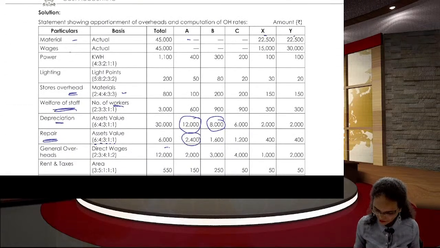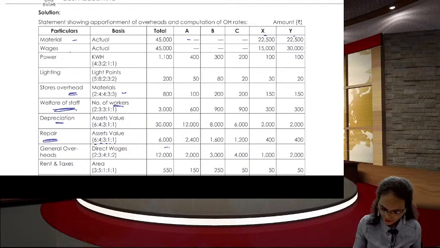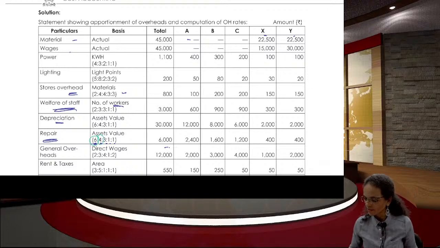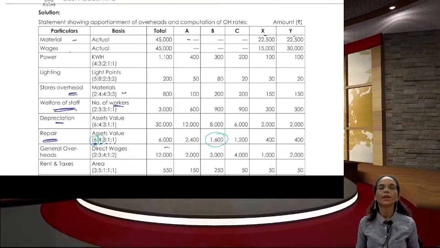For the same answer, divide by 6 and multiply with 4. 1,600. Getting?